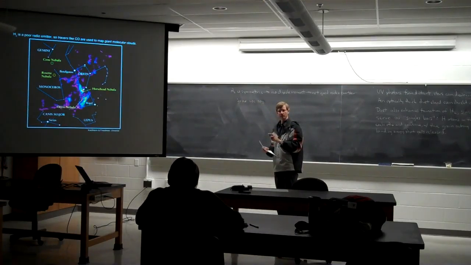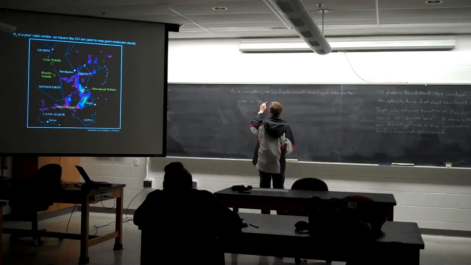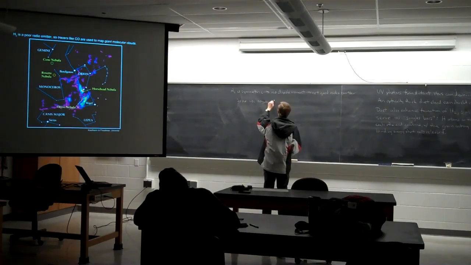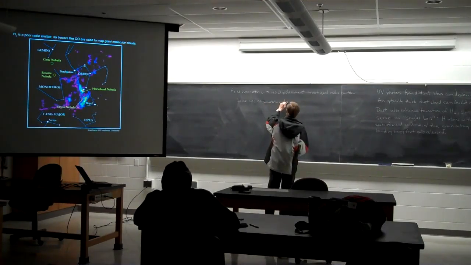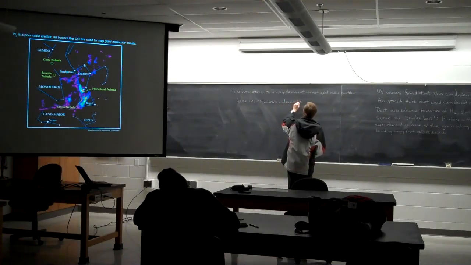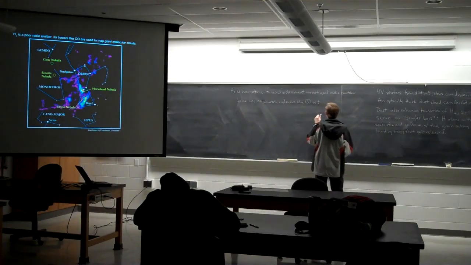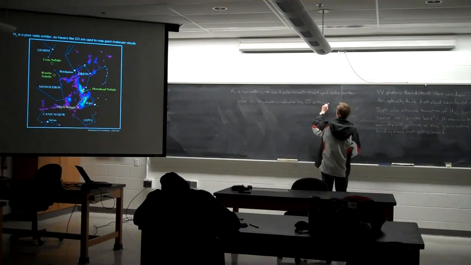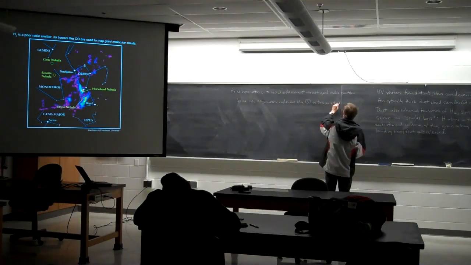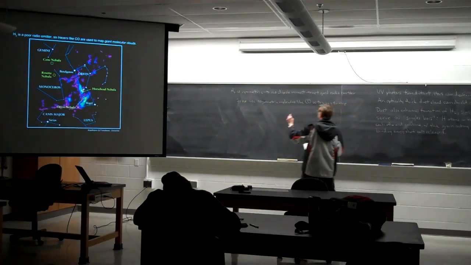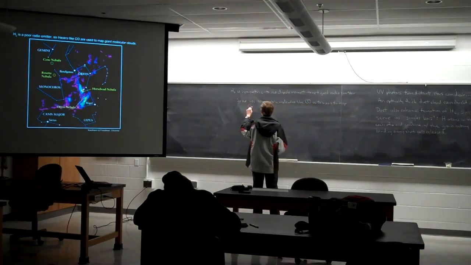One S, right? A-sym, one S, two S. So we use asymmetric molecules like CO as tracers to map giant molecular clouds.